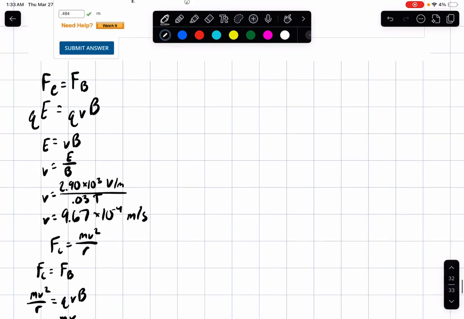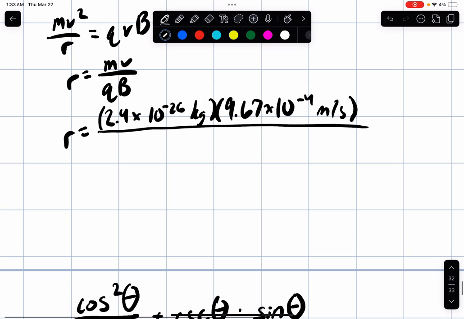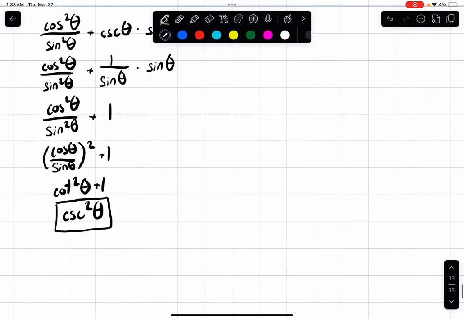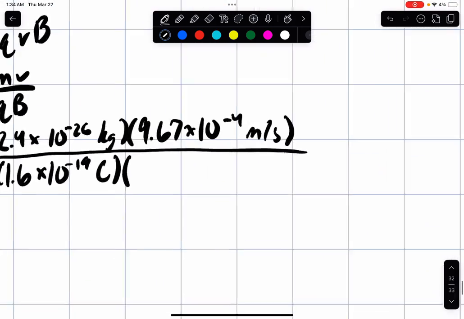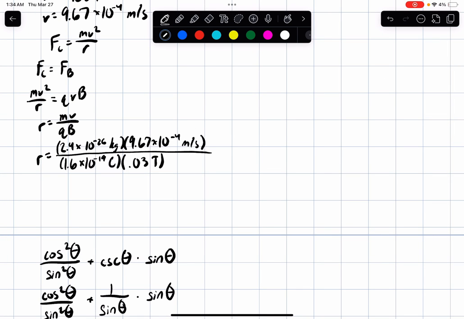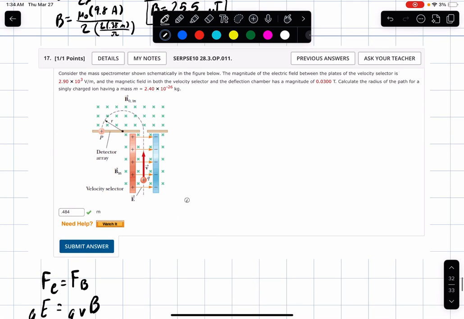So the charge of that is 1.6 times 10 to the negative 19th coulombs. And your magnetic field, once again, is 0.03 teslas. So plug that into the calculator to get R, and your R is 0.484 meters. And you can see that is the answer right there, number 17.